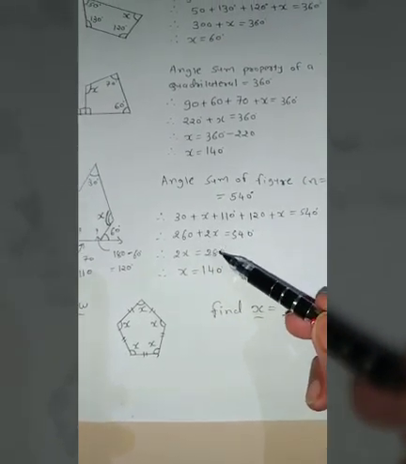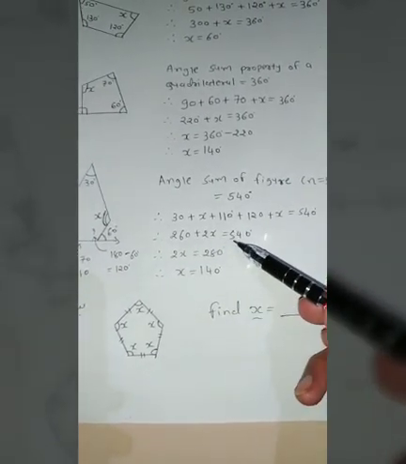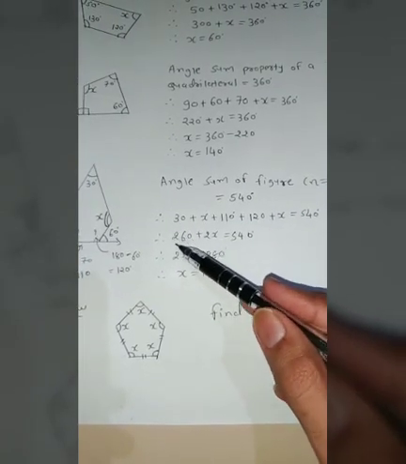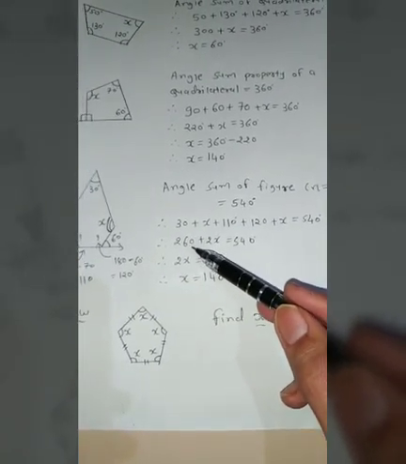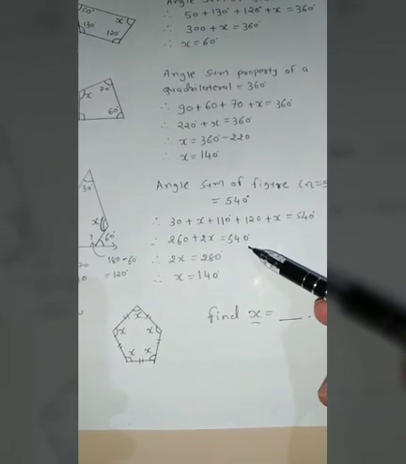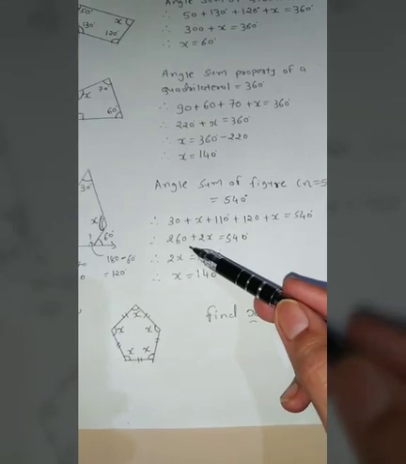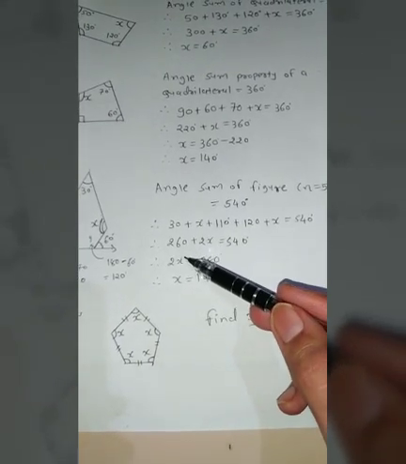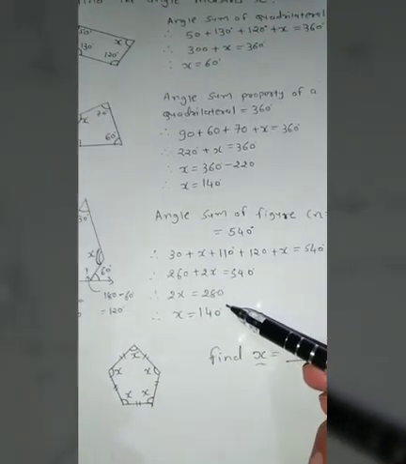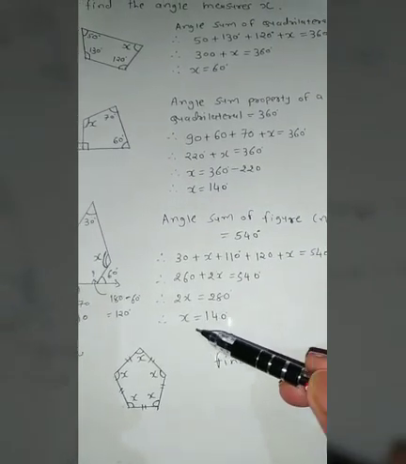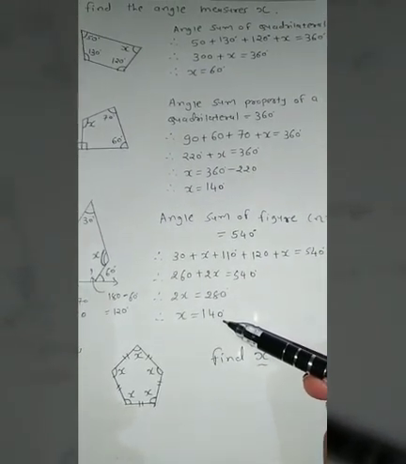So 2x is equal to 540 minus 260, because the 260 is on the left hand side and I want to move it to the right hand side. So it gives subtraction 540 minus 260. It gives 2x is equal to 280. So x is equal to 140.